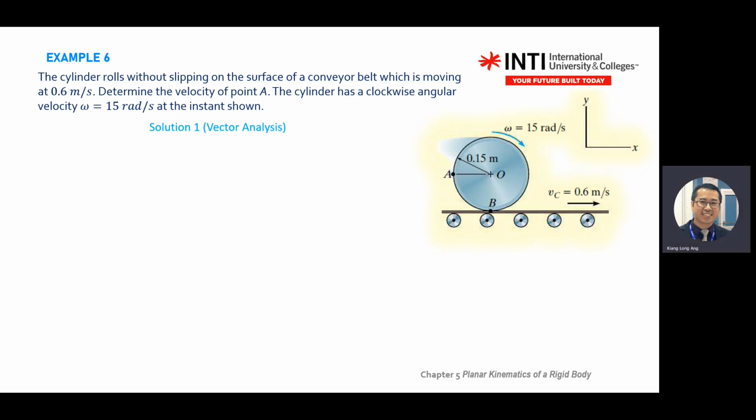You look at the diagram. The words no slipping. You know what zero means? Just now you said VB is zero. What does it mean?